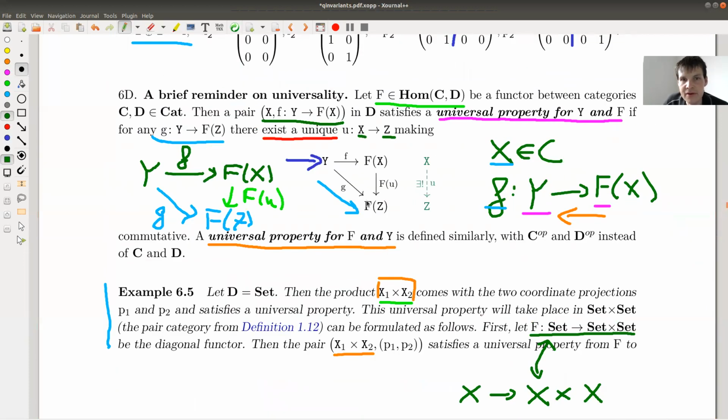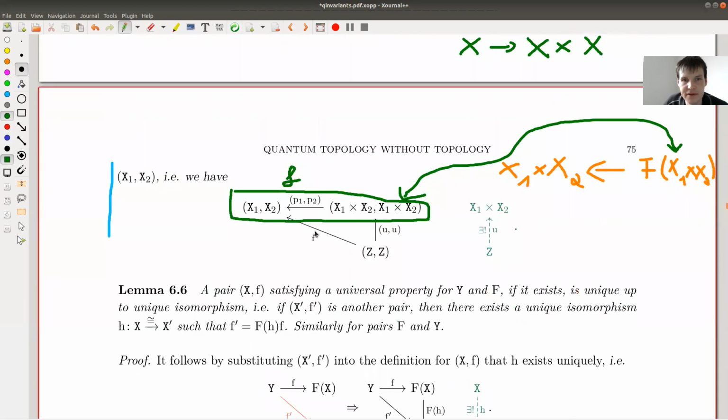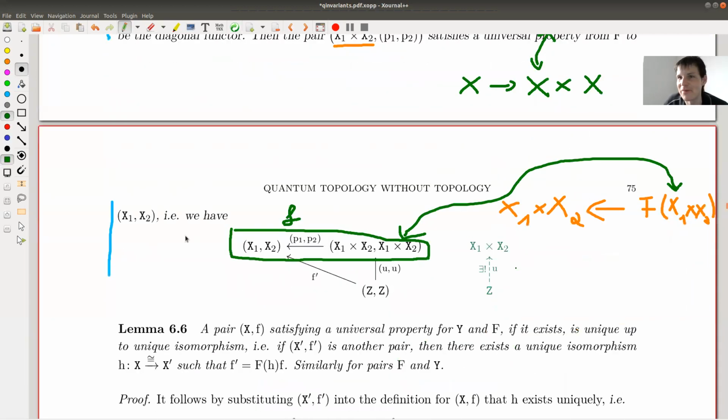Okay, so let's have a look here. The next input was a blue map, G, a blue morphism, now in the opposite order. So here's my f prime. I shouldn't have called it f prime, I should have called it G. It starts from some object and it goes somewhere, and it's just fixed. It's just some map. And you're wondering whether there is a unique map that makes this diagram commutative. So does this red one exist?